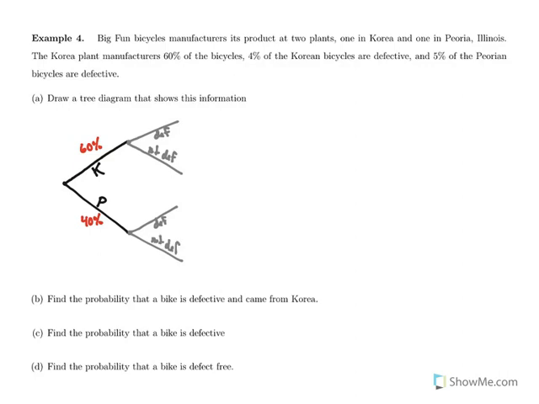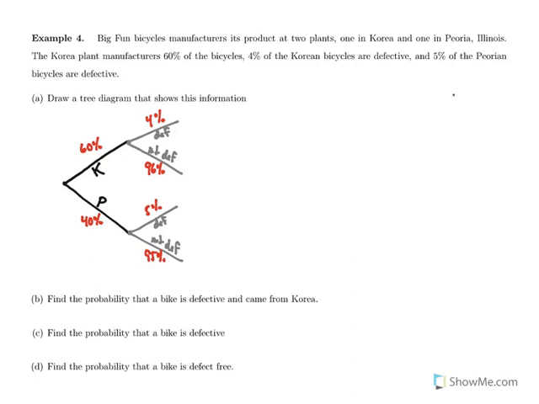Defective and not defective. The percentage that are defective in the Korean plant is 4%, which means that the ones that are not defective is 100 minus that, 96%. For the Peorian plant, it's going to be 5% and 95%.